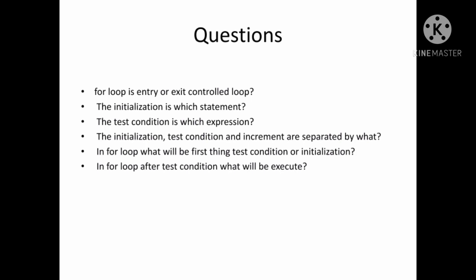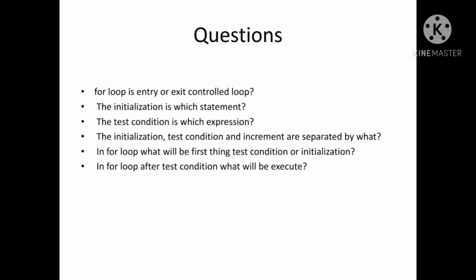Fourth question, the initialization, test condition and increment are separated by what? Answer is semicolon. Initialization, test condition, increment are separated by semicolon. Fifth question, in for loop, what will be the first thing, test condition or initialization?